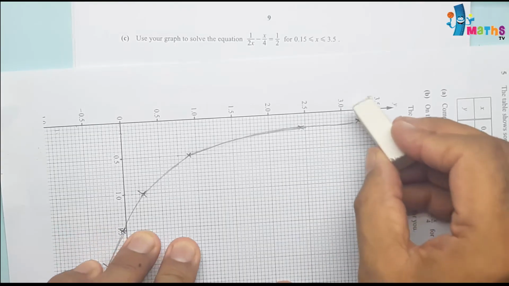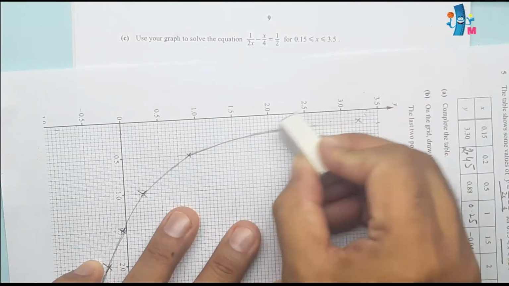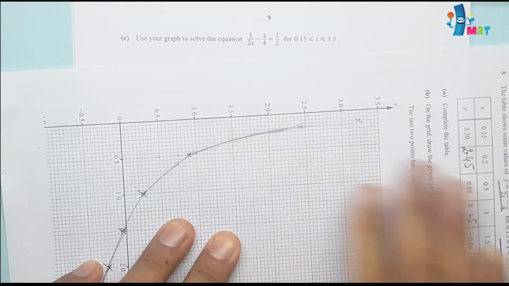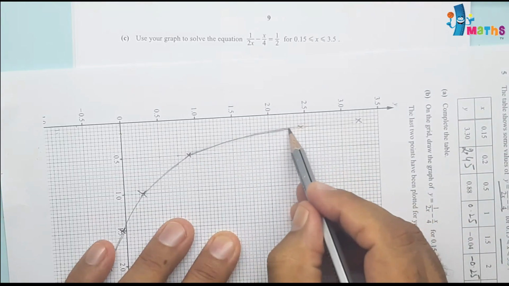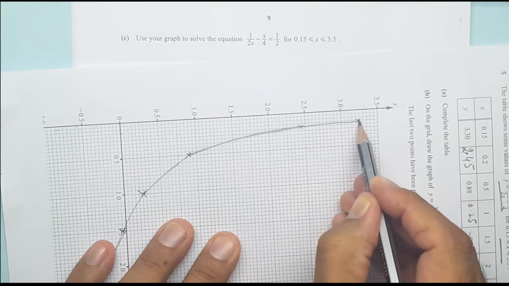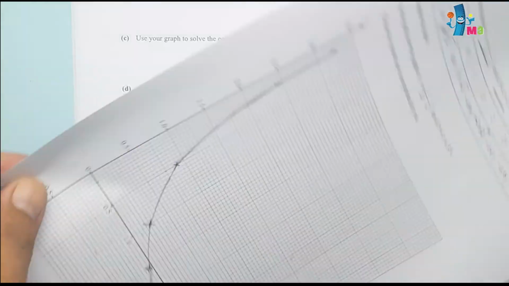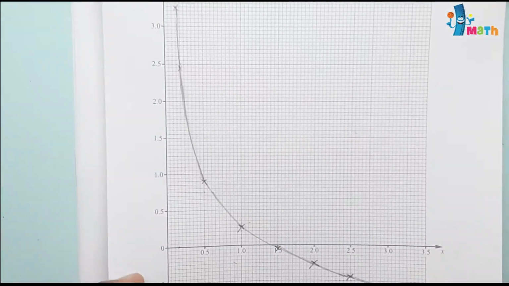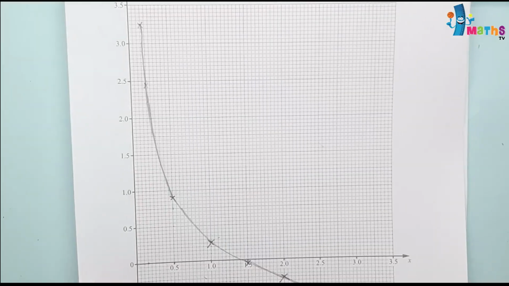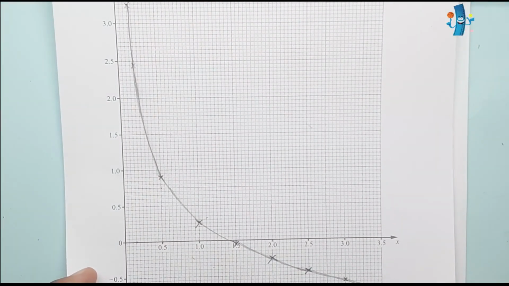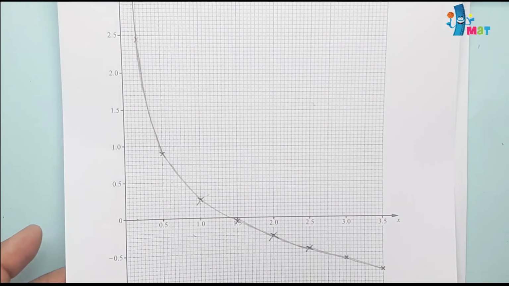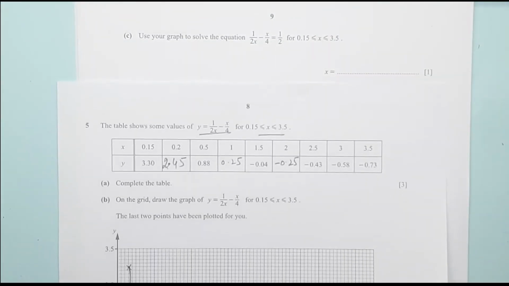A little rectification is required here, so you can draw this. So an almost smooth curve we have drawn. After this we have to answer the questions on the next page, which is part C.